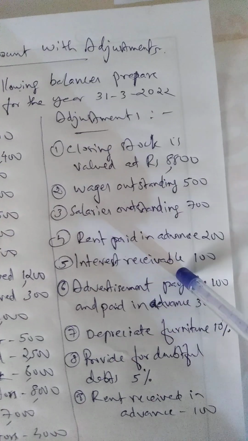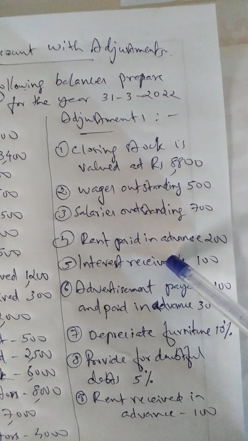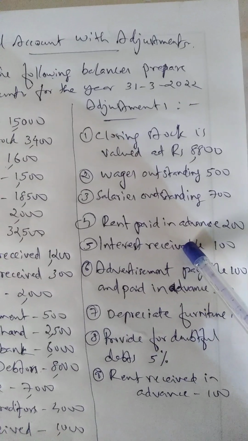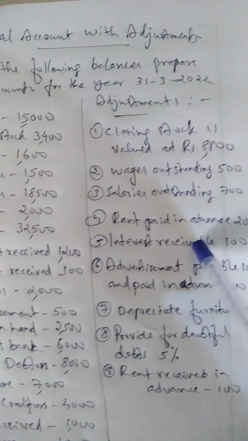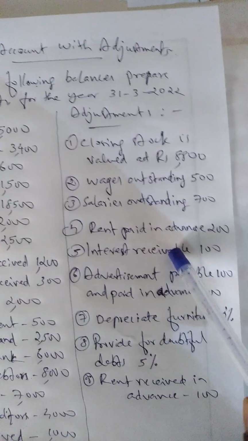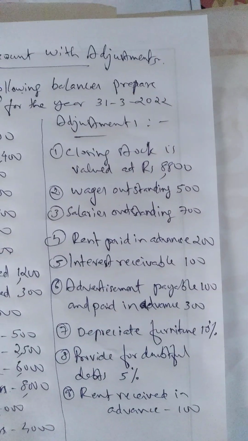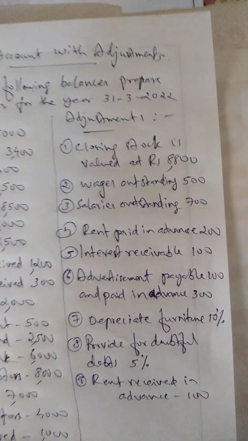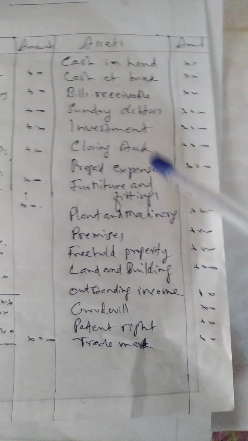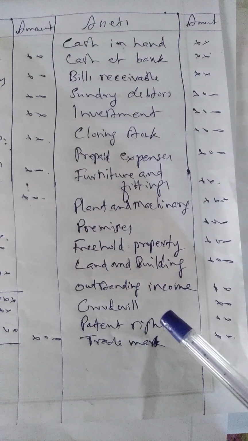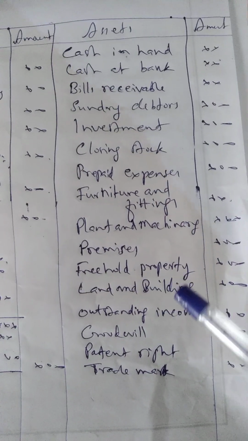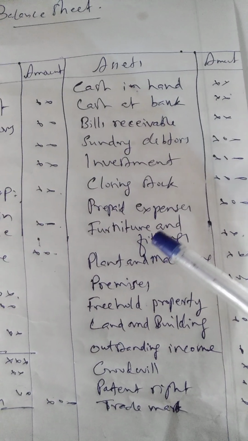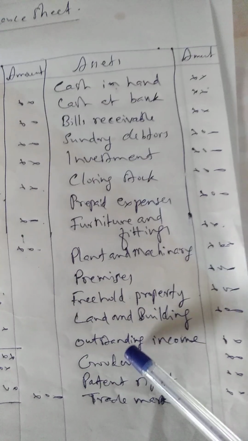When there is income outstanding, it should be added with the concerned item in the profit and loss account, and must be shown on the asset side of the balance sheet. If you refer to the balance sheet format, you can see an item outstanding income.